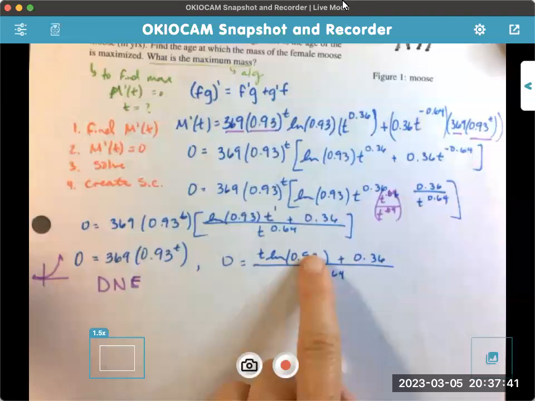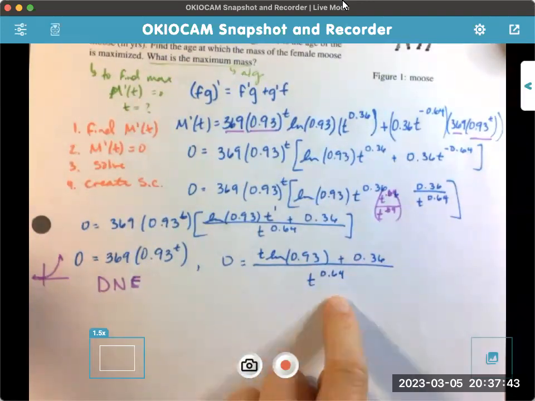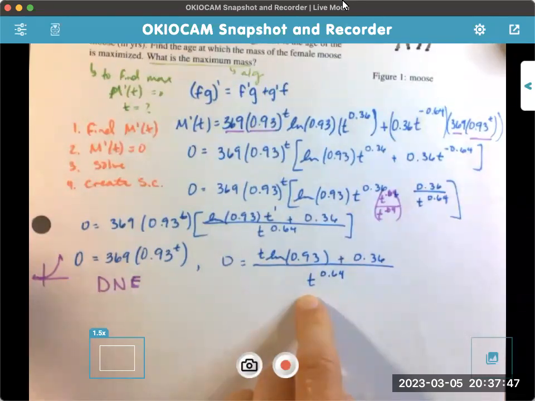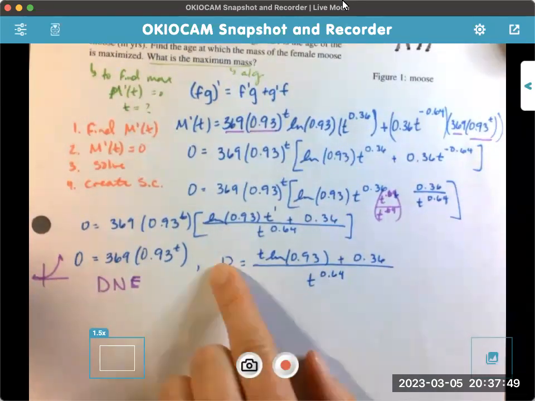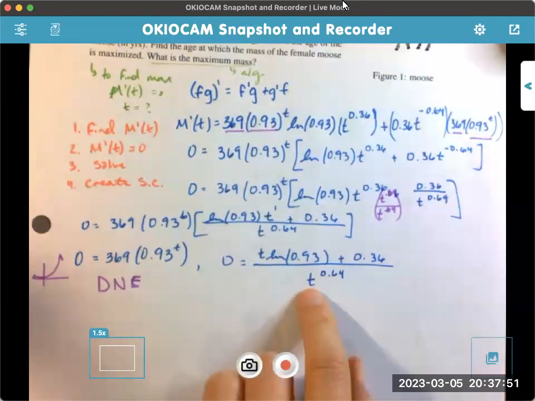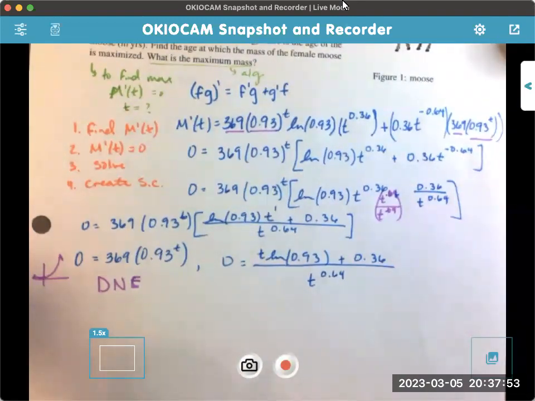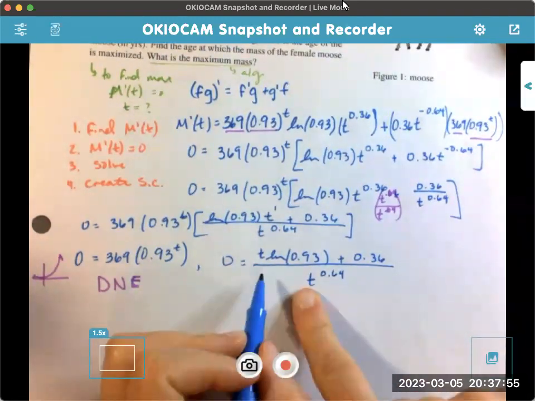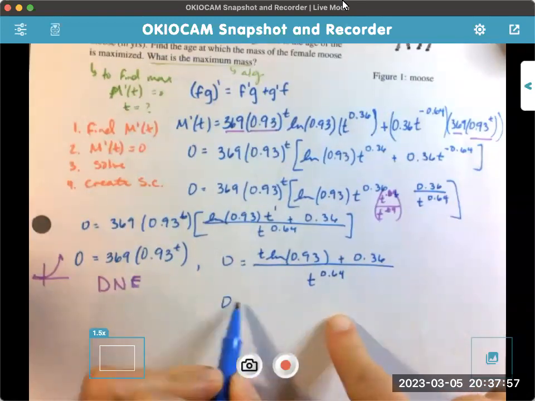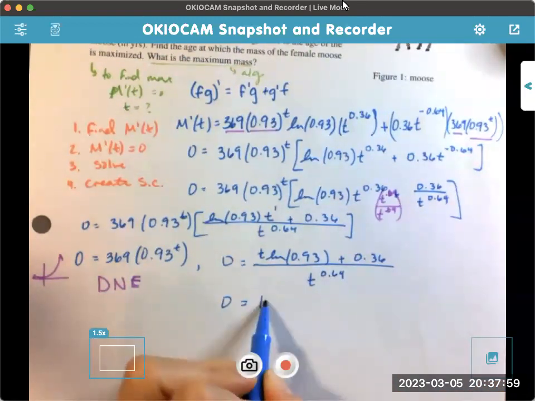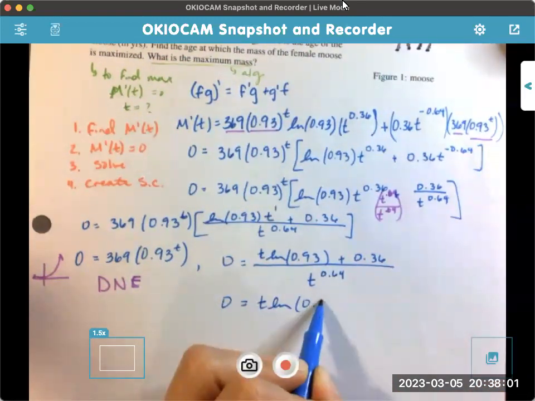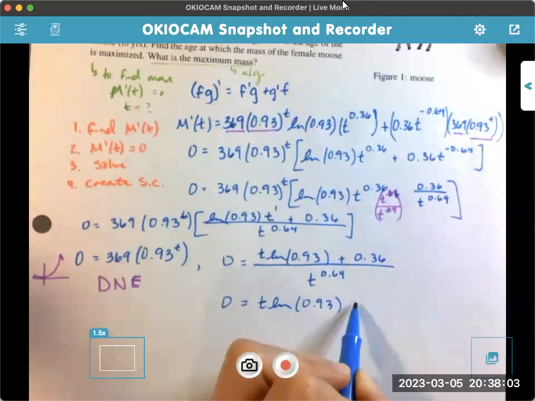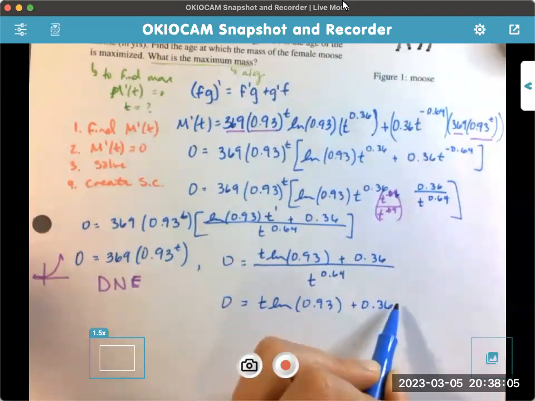Okay, so we want the numerator and denominator because even if it is going to be undefined, it's still kind of like a point of interest. That makes sense. So we just look here at the numerator, 0 = t times the natural log of 0.93 plus 0.36.